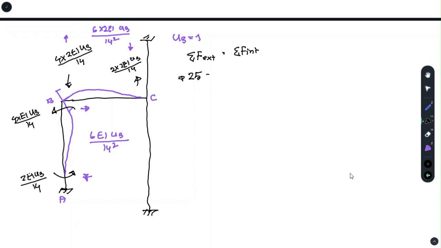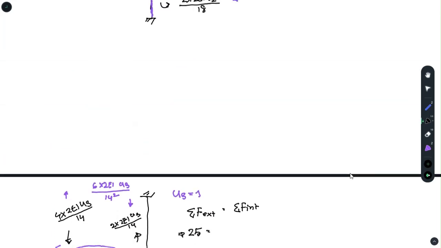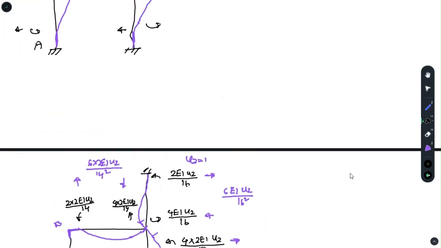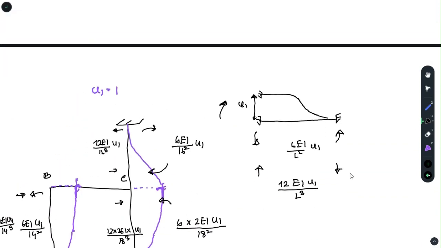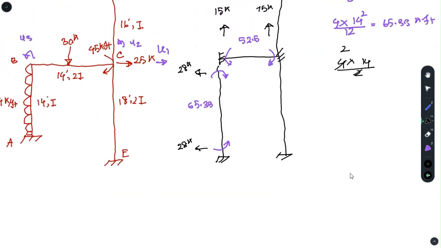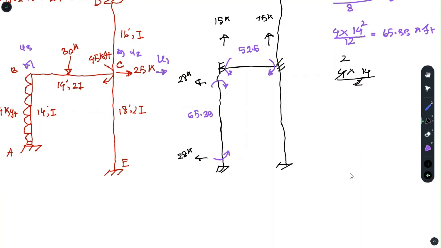What is our internal force? Let's go to our first figure. Along this frame BC, we have an internal force of 28 kip, with no other force along this frame.